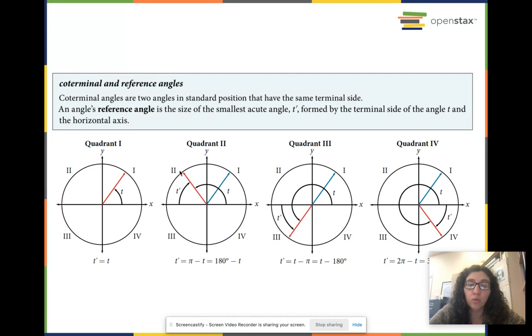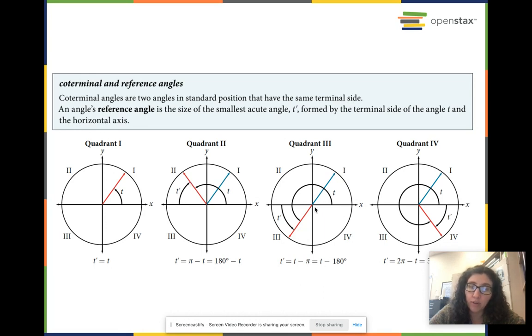But let's look at this red angle, if the terminal side was this red angle here. What's the smallest acute angle formed by the terminal side and the horizontal axis? It's this right here, T prime. So the reference angle for this red angle would be T prime.